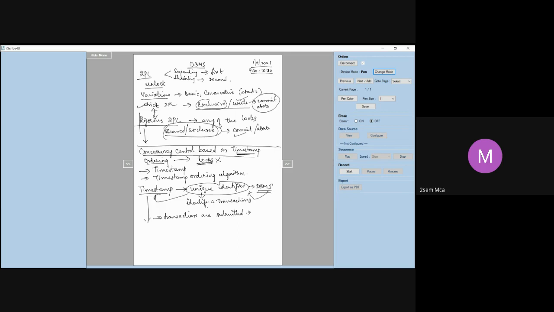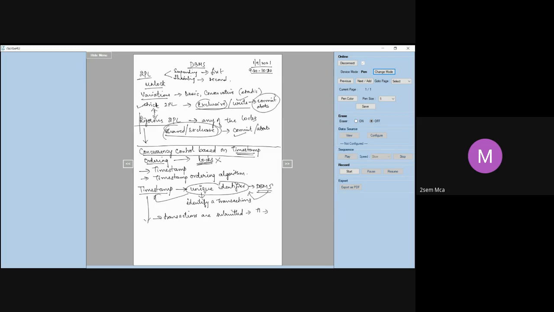In whatever order the transactions are submitted for execution, that is the order in which the timestamps are allotted. So timestamp 1, T1, will be assigned to the first transaction submitted for execution. T2 will be given to the second transaction submitted for execution.